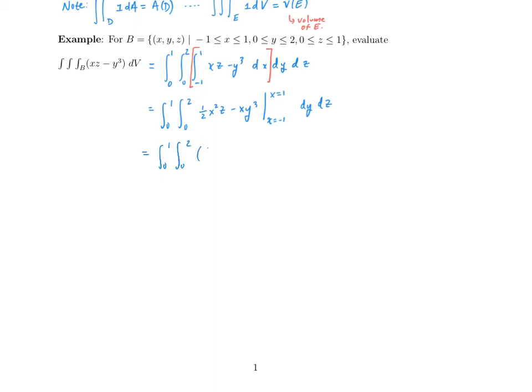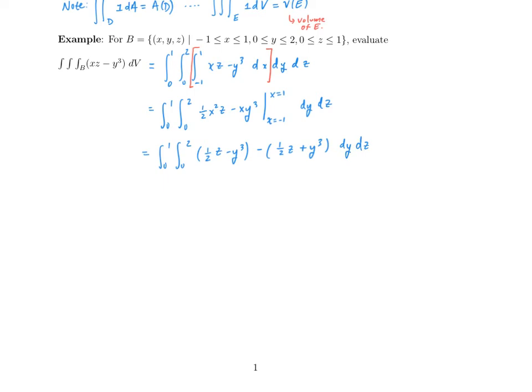So when we replace x with 1, we have 1/2 z minus y cubed minus 1/2 z, now it's plus y cubed. And the reason it's plus is we have minus a -1. And then we are left over with dy dz.